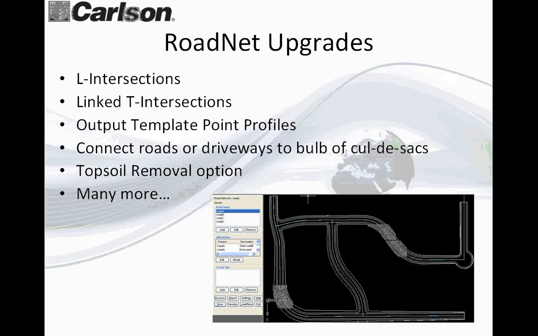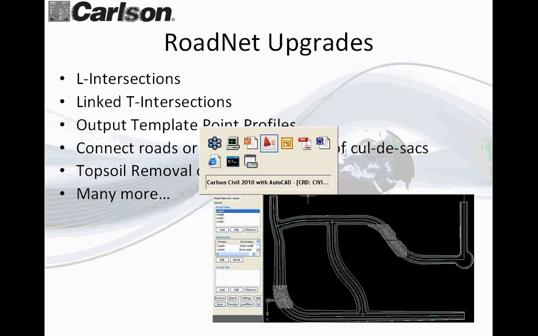For example, back of curb or something. There's a new ability to connect roads or driveways to the bulb of a cul-de-sac. These are just additional roads you can add. And there's also an option for topsoil removal and many more. Let me show a couple of these.